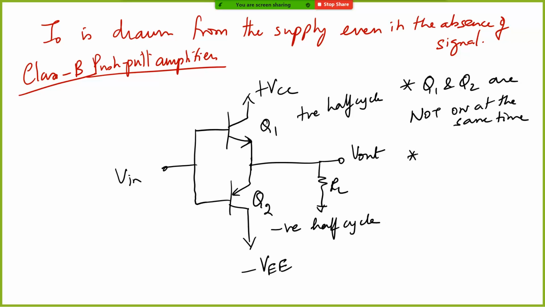The other important thing is there is no power consumption when Vin is 0, that is, when you don't have any input signal. There is 0 DC power consumption. Both Q1 and Q2 are off. Both of them do not conduct, and therefore there is no power drawn from the supply.